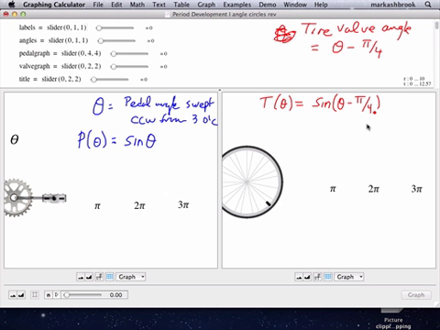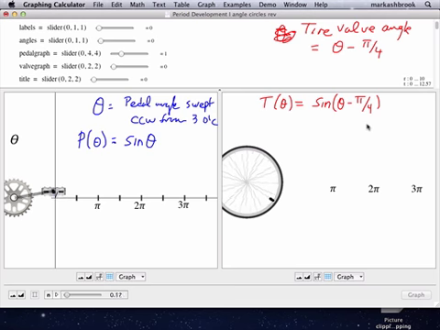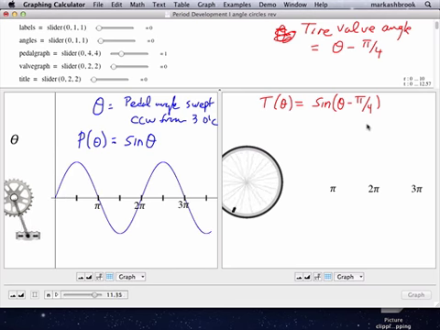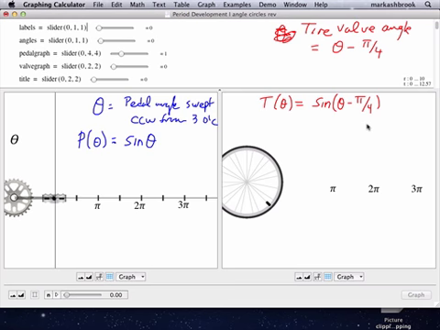So the question is, when we graph this, so we all know what sine looks like. Let's graph that for the pedal angle. Okay? So there's our pedal angle, and I'll just throw it up over.